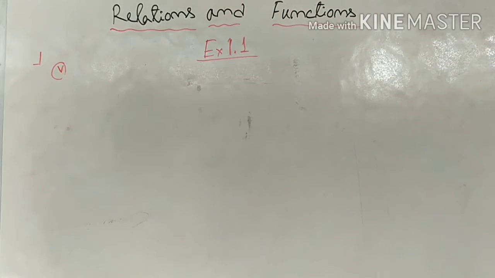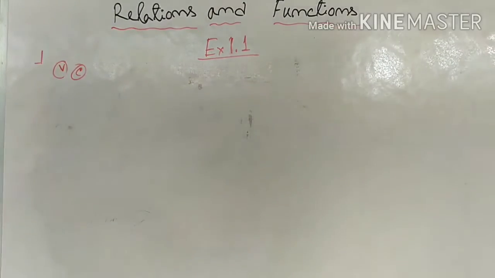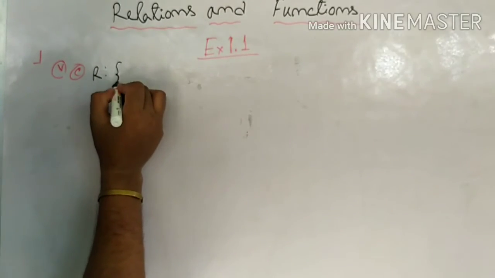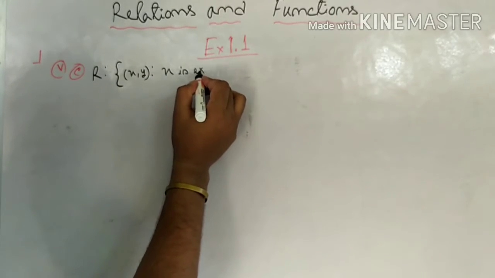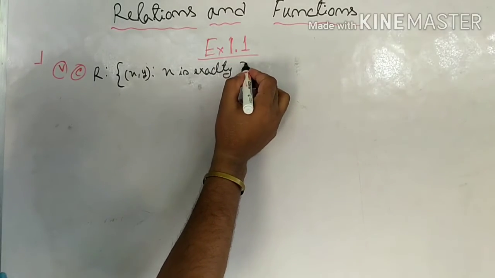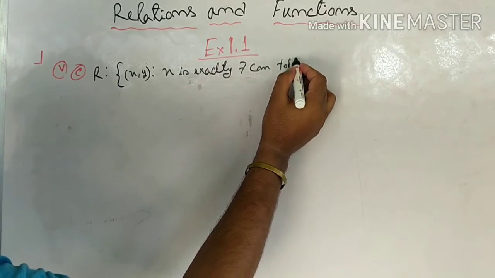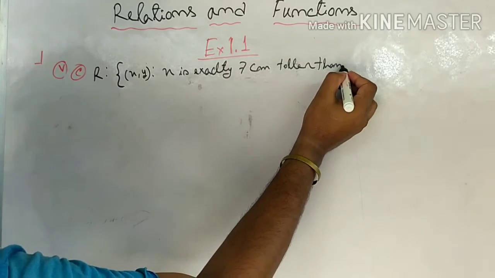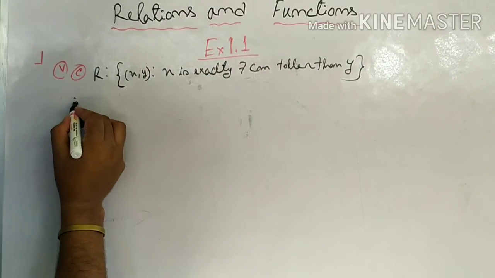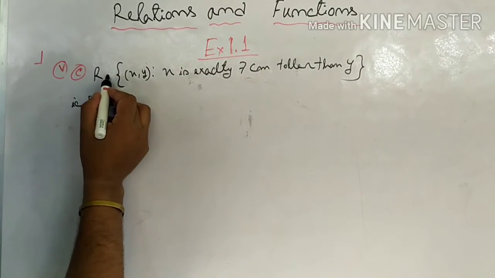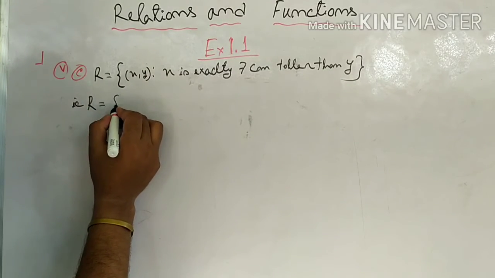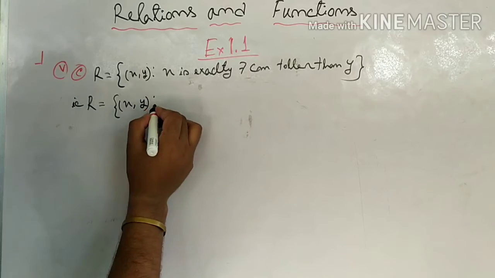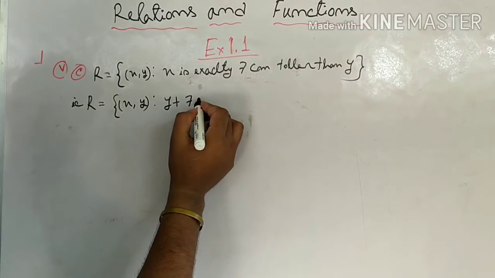Now we see C number question. C number is what? R equal to (x, y) such that x is exactly 7 centimeter taller than y. Therefore what? R equal to (x, y) such that y plus 7 equals x.